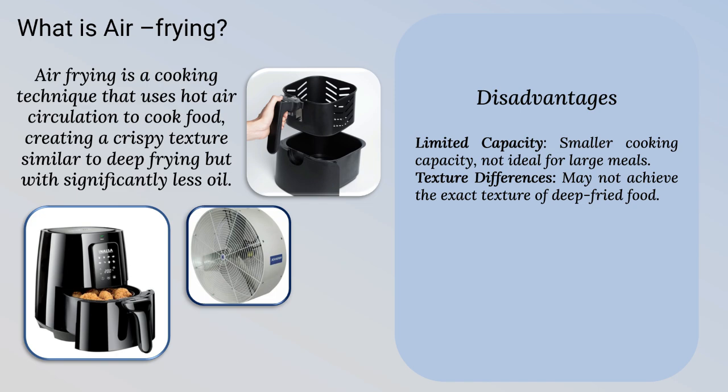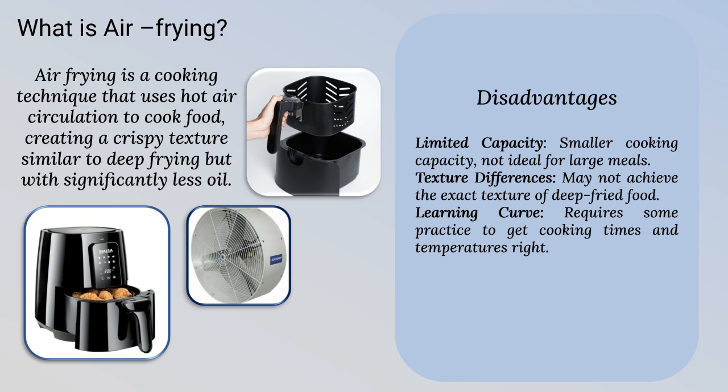The product fried through deep fat frying and the product fried through air frying, there is a difference of texture, and you can understand by seeing only. Learning curve: requires some practice to get cooking times and temperature right. You need to practice using the air fryer, so naturally you'll become expert in that. You need to learn something for that.